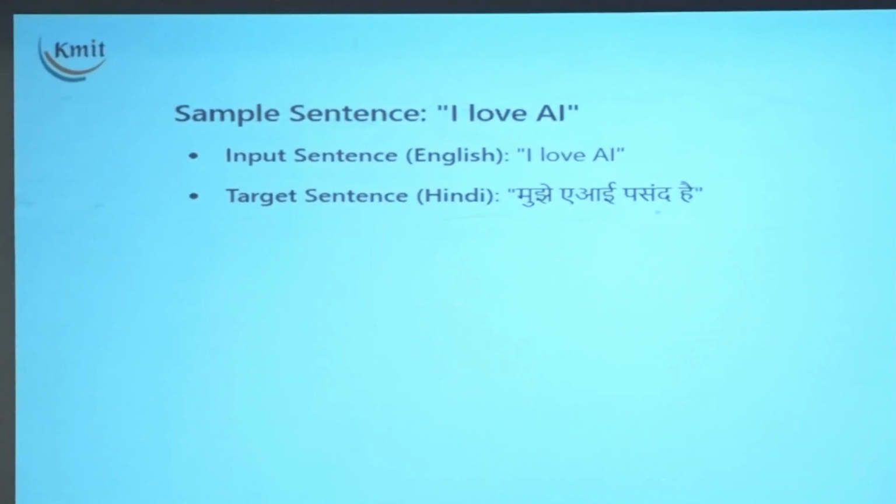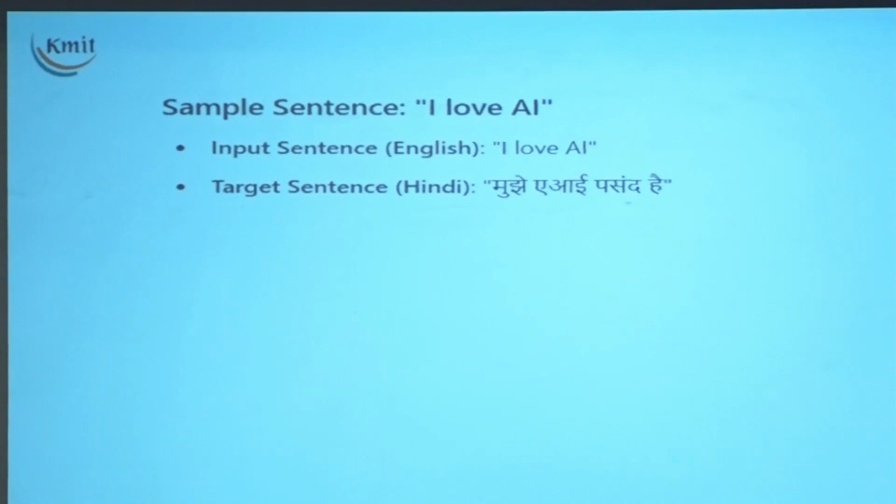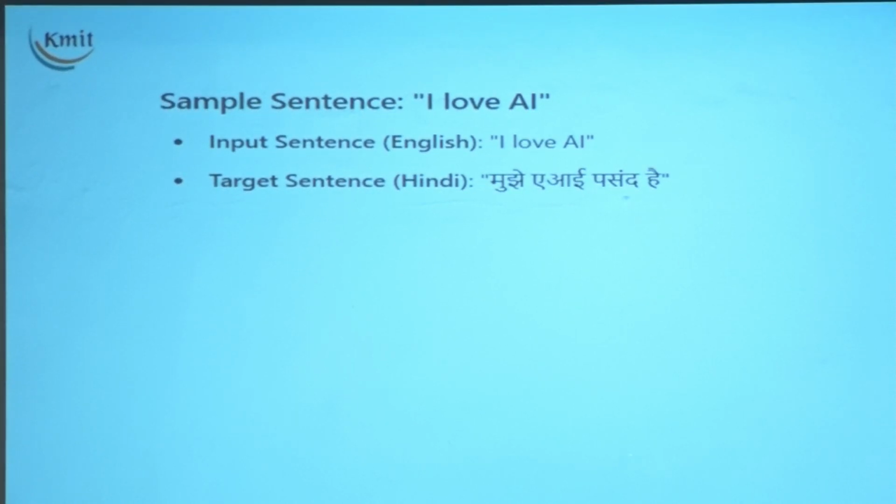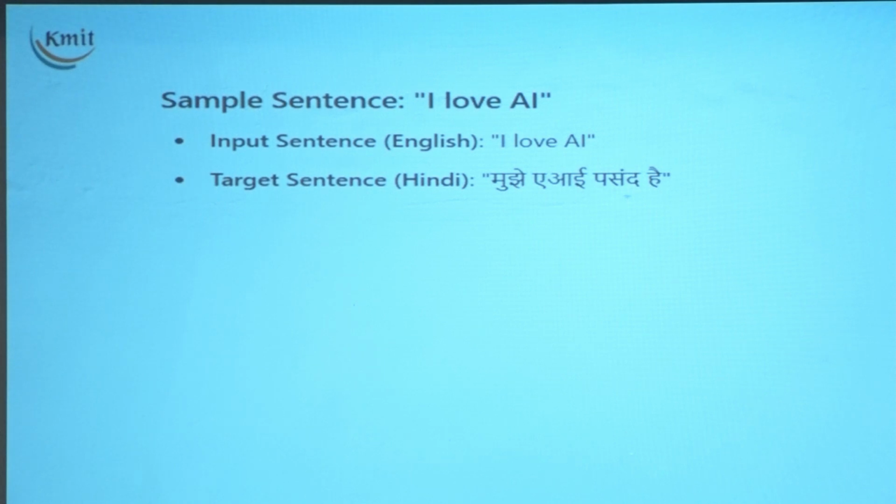I love AI is the input sentence, in English, which is my input X. What is the target sequence? Hindi. So the translation I am doing here is English to Hindi. When I say I love AI, the translated output is Mujhe AI pasand hai.